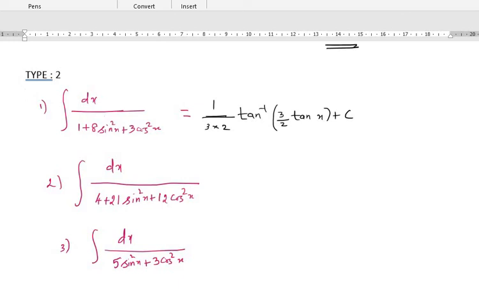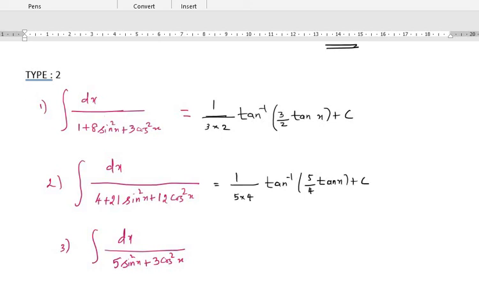Yes. If you can follow, see the technique again I am using here. That is equal to 1 by 5 into 4, tan inverse of 5 by 4 tan x plus c.